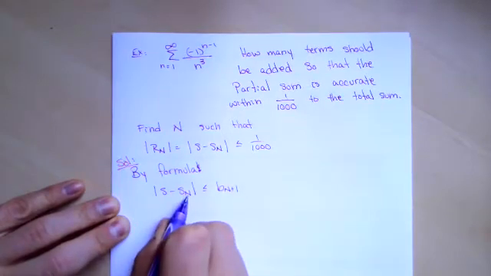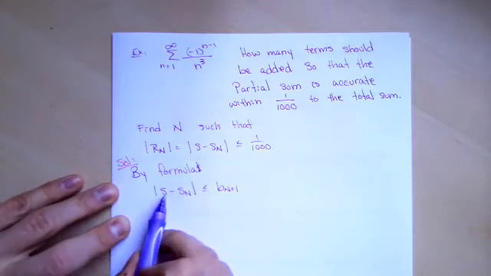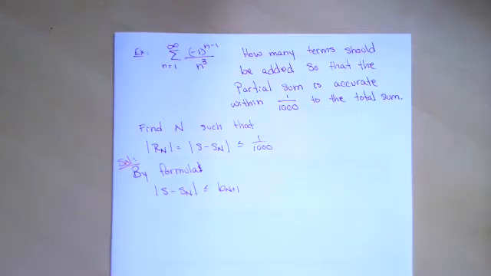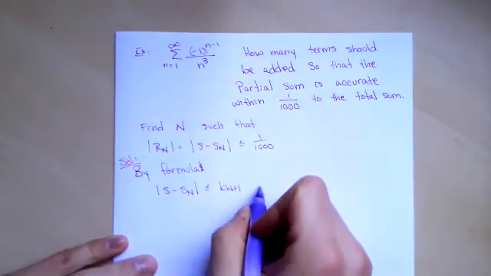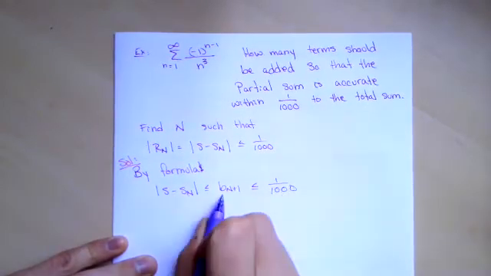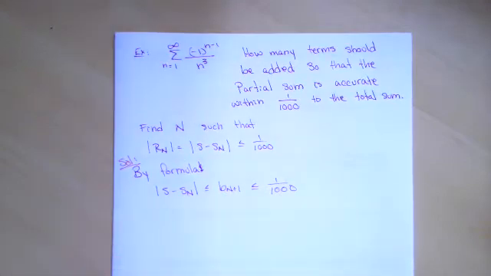So whatever number of terms I need to take, the difference between the total sum and the partial sum with the number of terms I chose to take is always going to be less than the following term. It's kind of just a mathematical phenomenon that happens with alternating series. So if we can make the n plus first term less than 1 over 1,000, we're good.